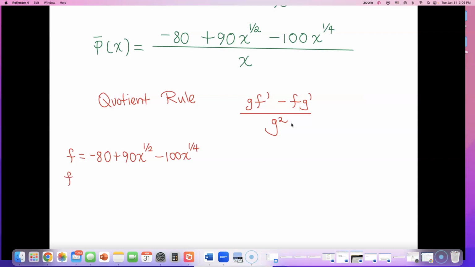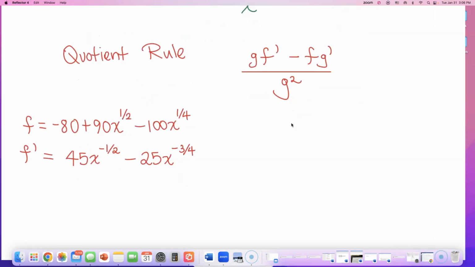F prime is going to be 45 x to the negative 1/2 power minus 25 x to the negative 3/4 power. Okay, just power rule, nothing more than power rule. I got the 45 by doing 90 times half.